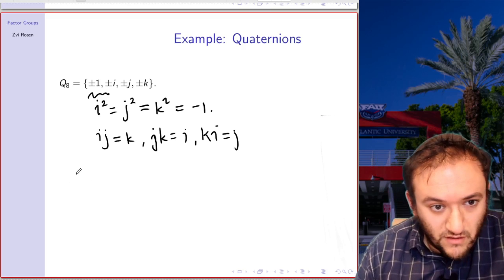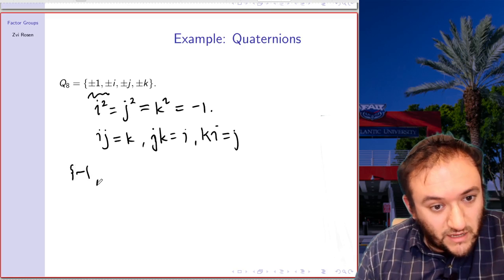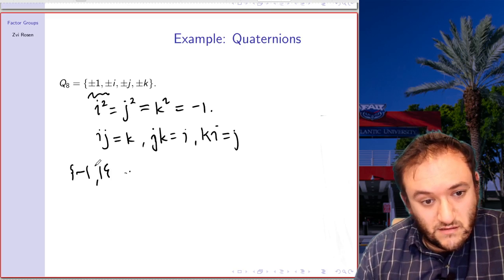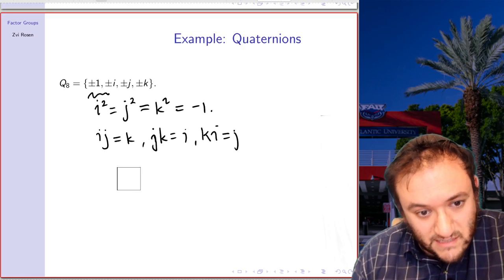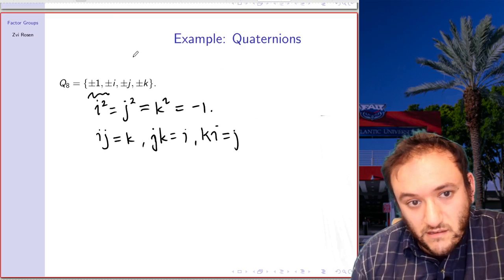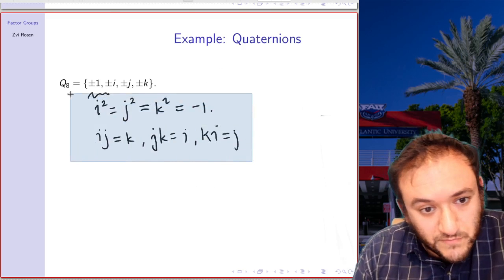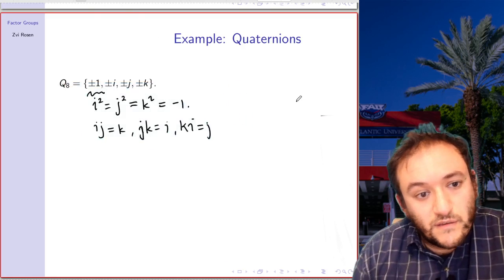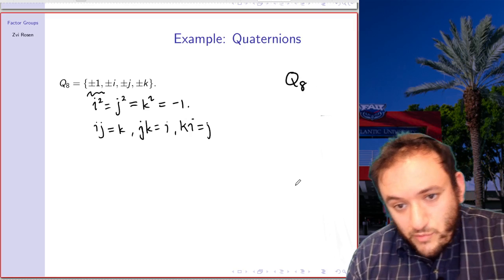So there's minus 1 and 1. Well, let's just draw this as a lattice. We'll discuss containment at each level. So Q8 is our group.